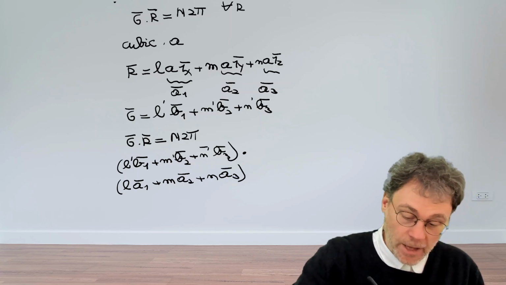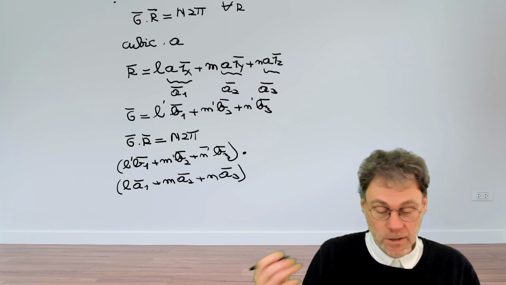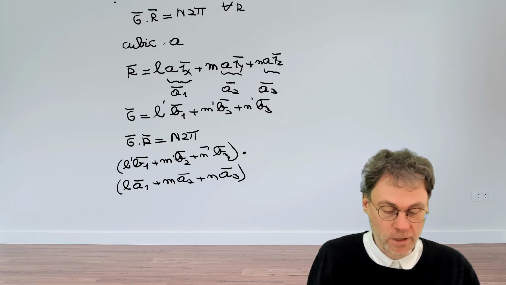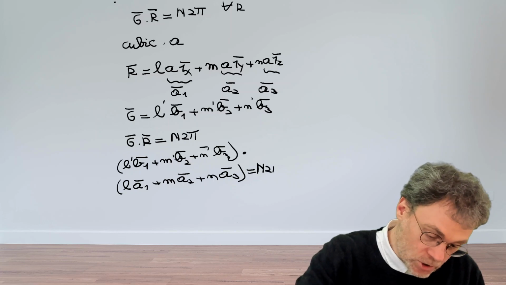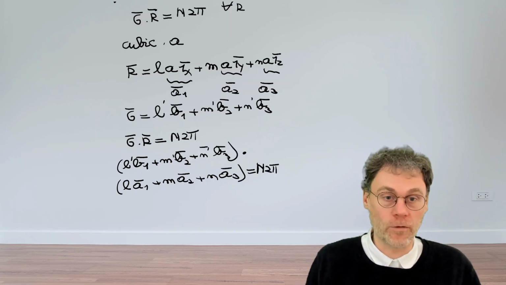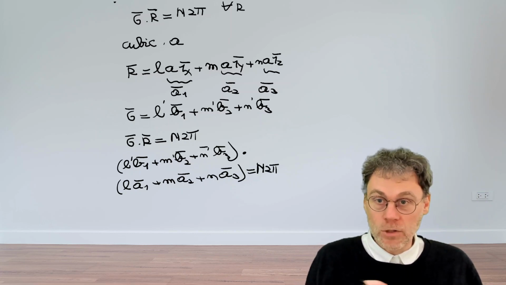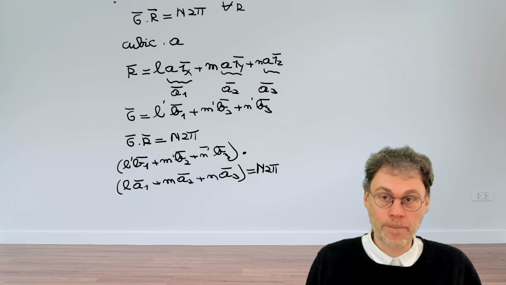And for any possible combinations of l's and m's and n's and primes, there should be a certain integer capital N such that this is just an integer multiple of 2 pi. So that's the goal we have.